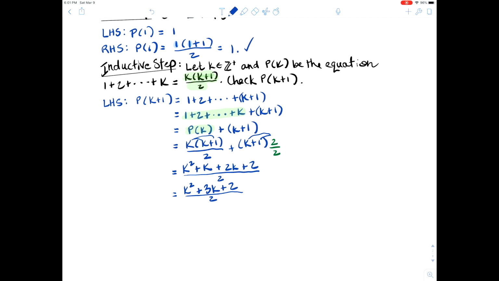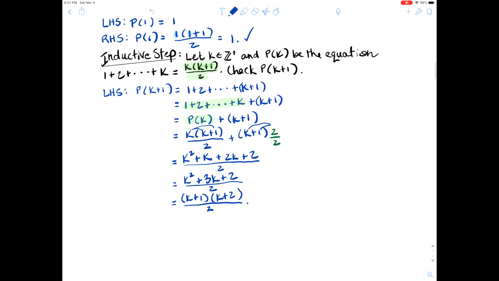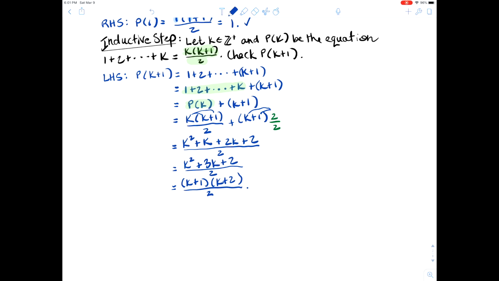But doesn't this guy factor? It does indeed. It factors as K plus 1 times K plus 2 over 2. Groovy? All right, so you're done temporarily because that's just the left-hand side. Now we want to make sure that the right-hand side yields the same result. So let's start work on that. The right-hand side is P at K plus 1.